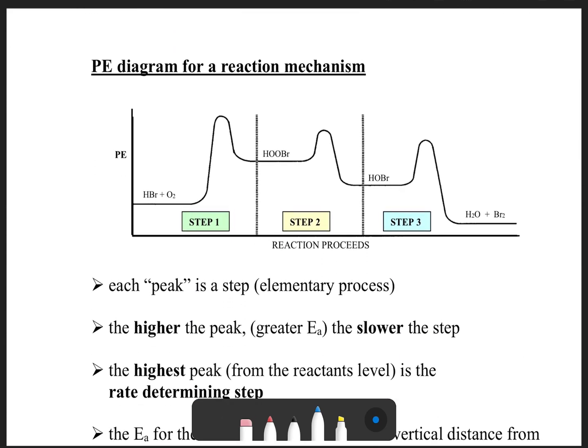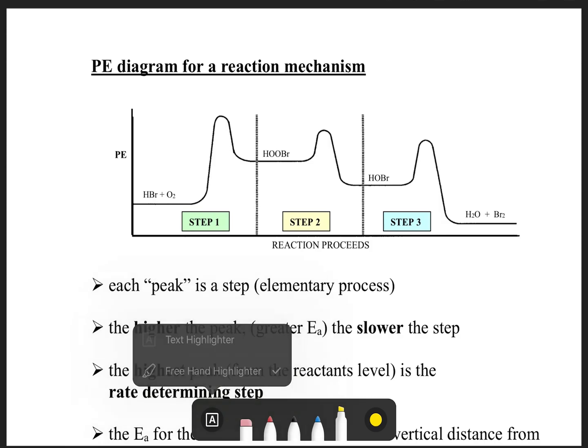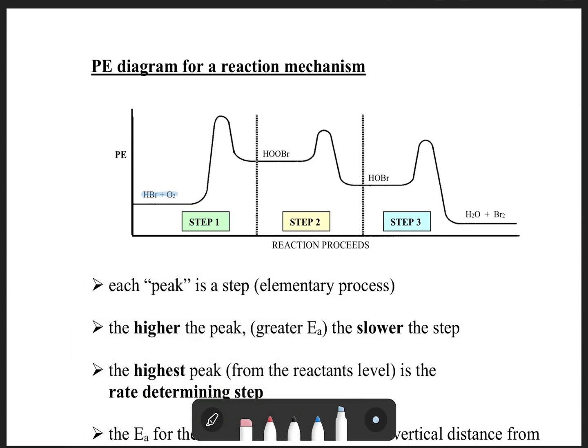If we were to look at a PE diagram for a reaction mechanism, going back to the 3-step mechanism that we started off our notes with, here's our 3-step mechanism. In this mechanism here, we've got our reactants, which are here.